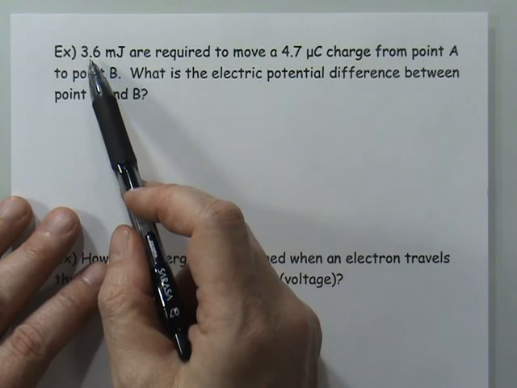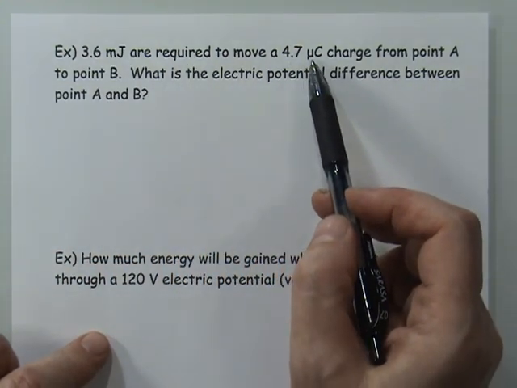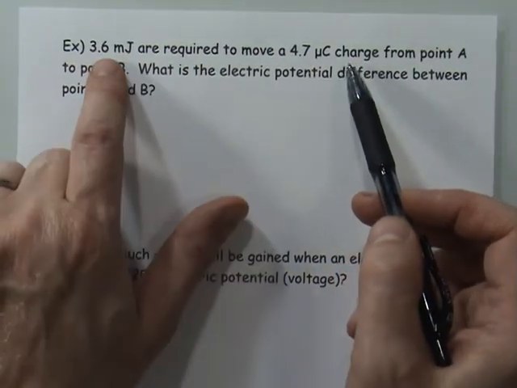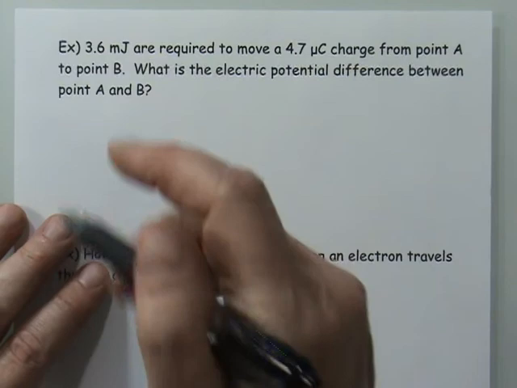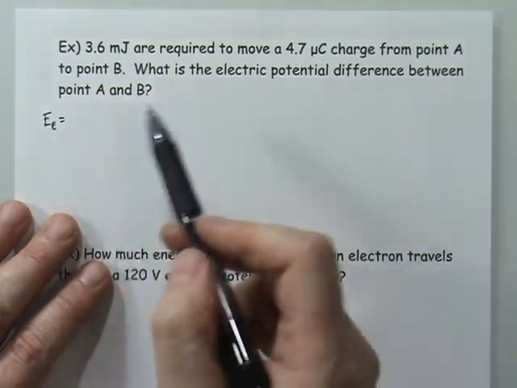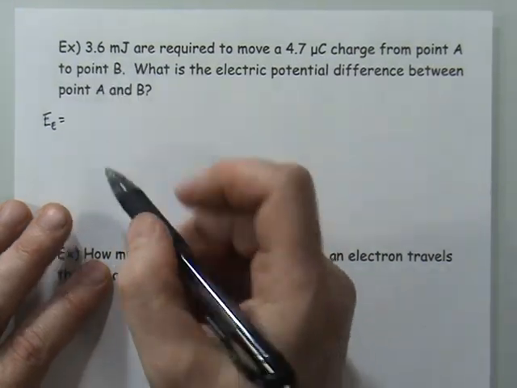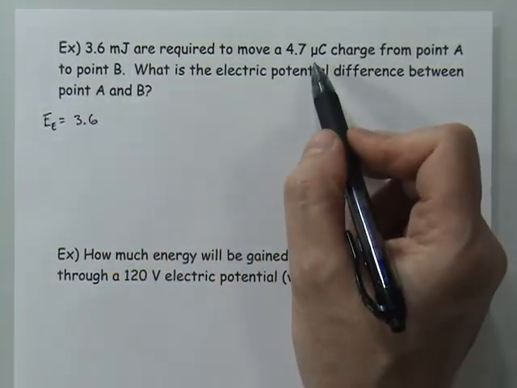In this problem, 3.6 millijoules were required to move a 4.7 microcoulomb charge from point A to point B. So first thing I'm going to do is write down the properties that I was given. So this is 3.6, but one thing really important is we can't plug in milli or micro into these equations.